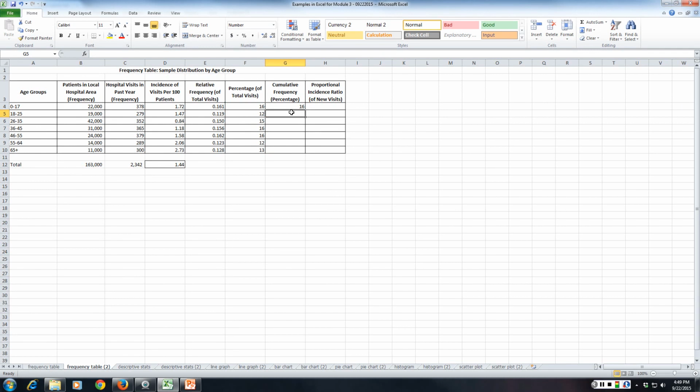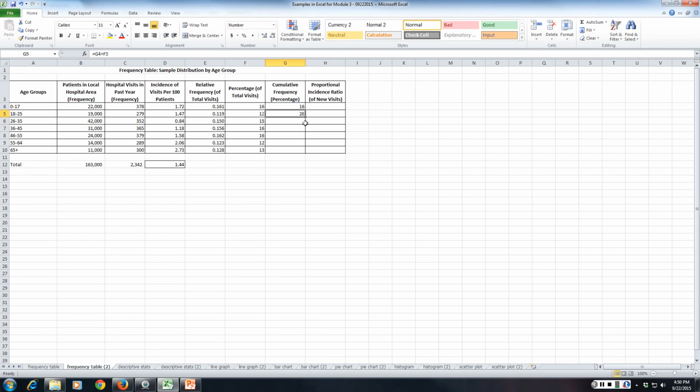But when we go to the next one, we want to add the percentage of hospital visits for those ages 0 to 17 to the percentage of hospital visits for those ages 18 to 25. So you just add the previous cumulative frequency percentage in column G4 to the current category of interest, ages 18 to 25, that particular percentage for them, which is in column F5. That gives the cumulative percentage.